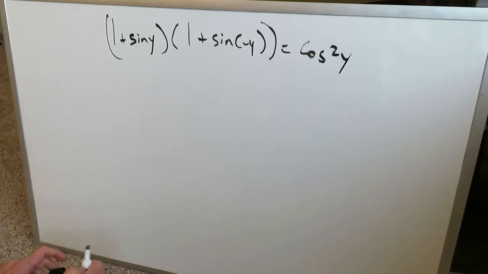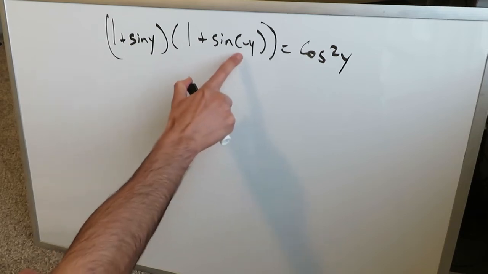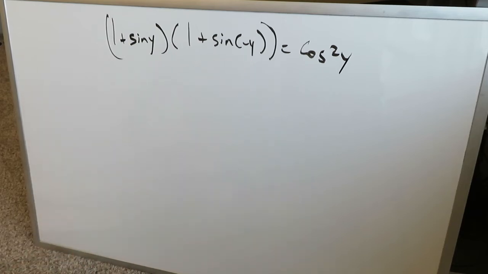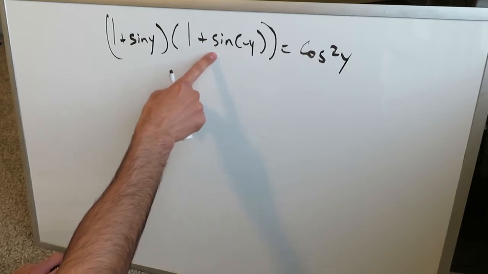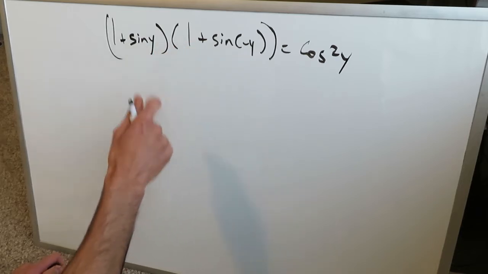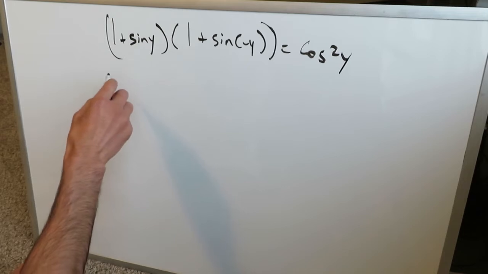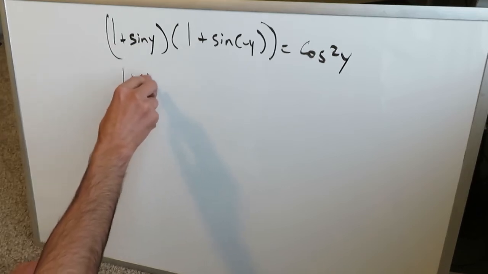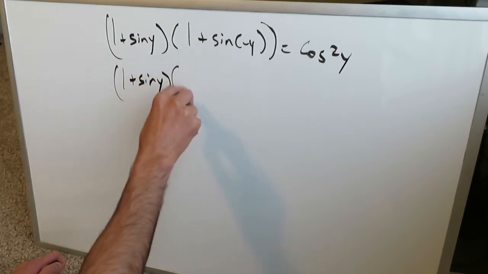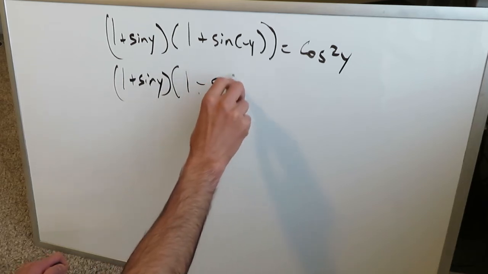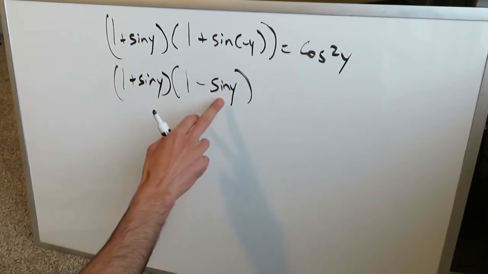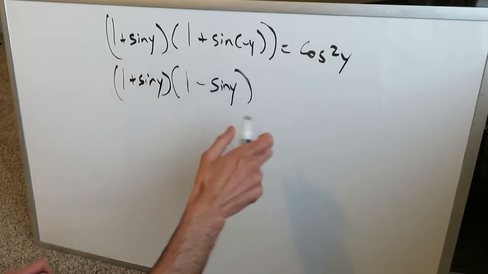Here's another question. It basically relies on the property that the sine function is an odd function, therefore a negative angle affects it in such a way that the sine becomes minus, just like an odd function would. You'll convert everything over here by means of that odd function property. The plus will become a minus and the angle will just become a plain y, because this minus will transfer right over here.